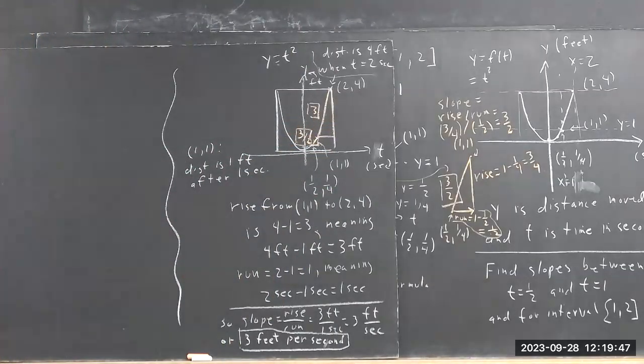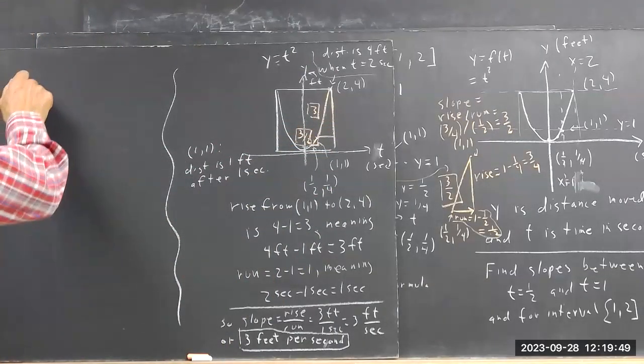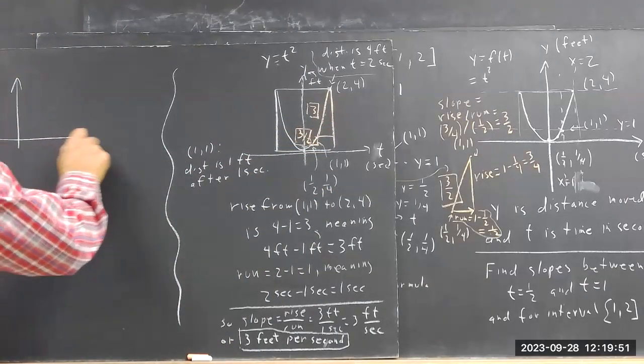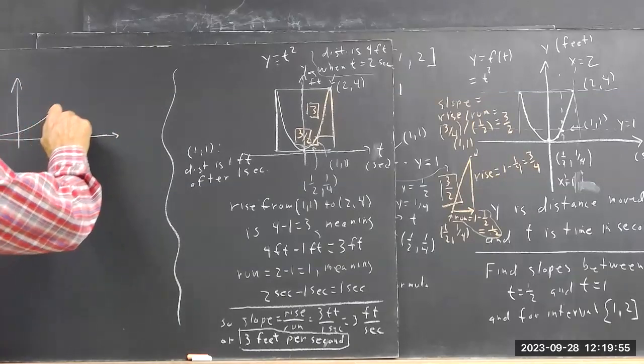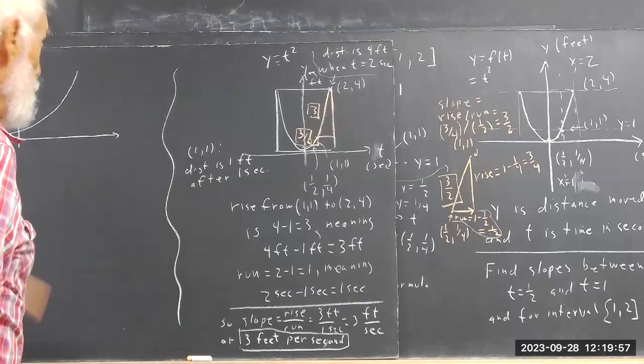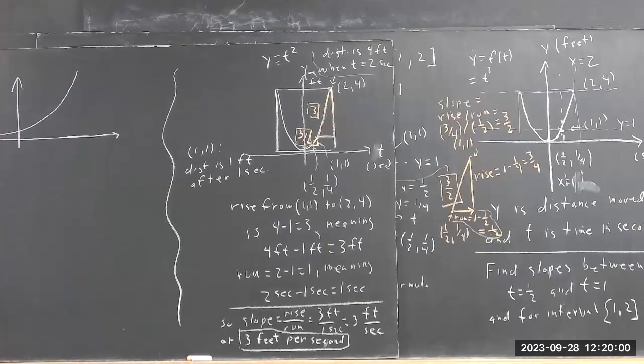Because if you have a graph of your money versus time, it looks like this. What kind of a function is that?